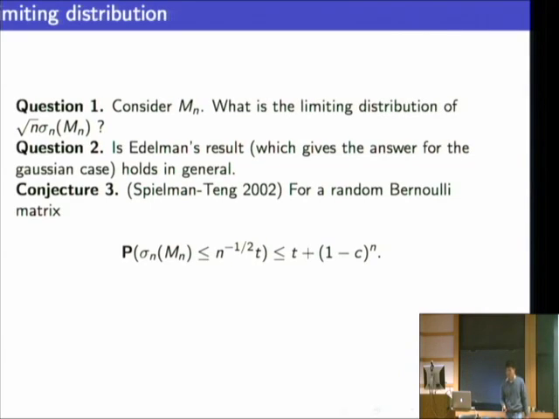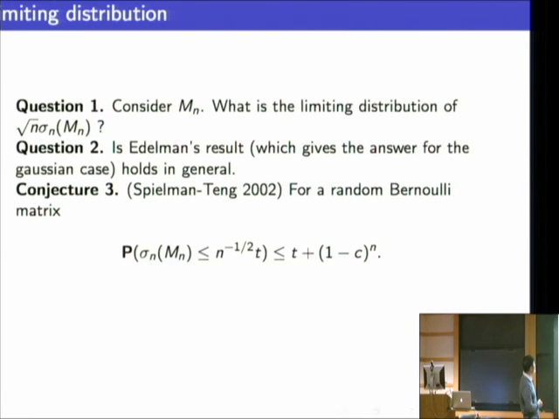Okay, so now I go to a different problem, back to the Edelman result, when he computed the exact distribution for the Gaussian case. So the question here is, can you compute the exact distribution in general?